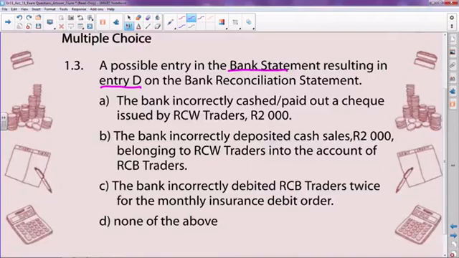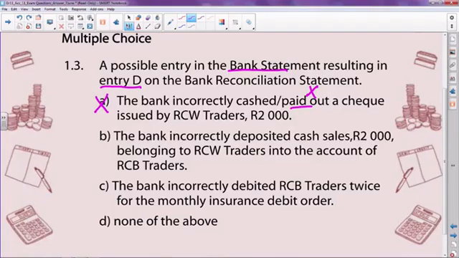The bank incorrectly cashed, paid out a check issued by RCB traders. Okay, so immediately the bank incorrectly paid out a check. Now we know that didn't happen. The bank obviously deposited money into RCB's account in error. So it definitely cannot be alternative A.